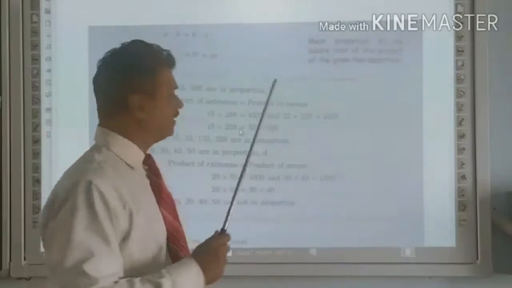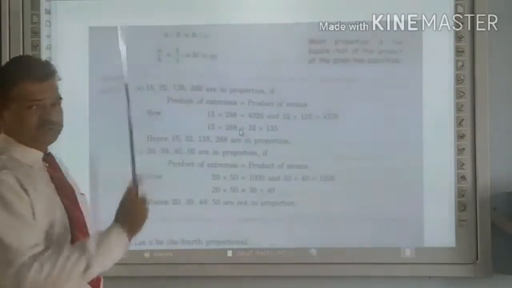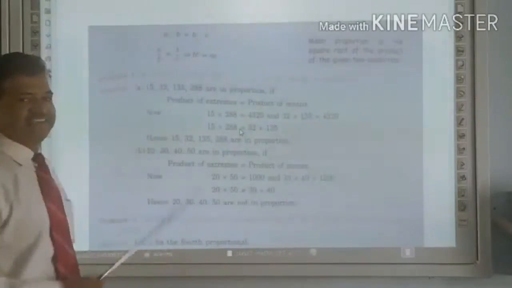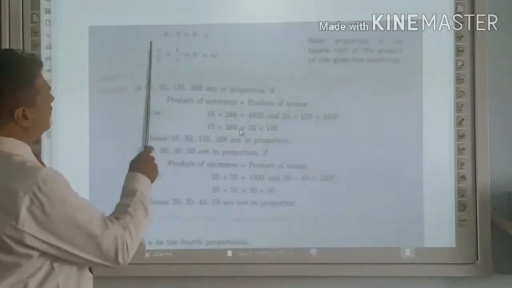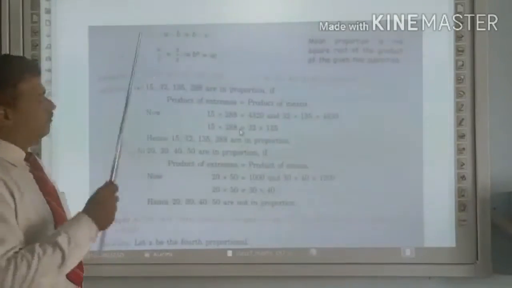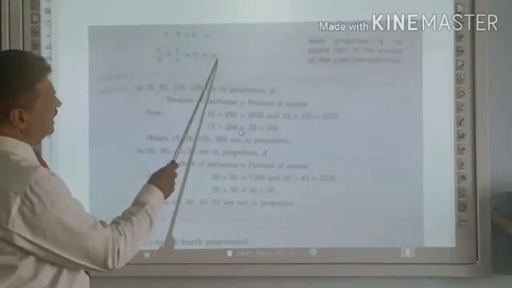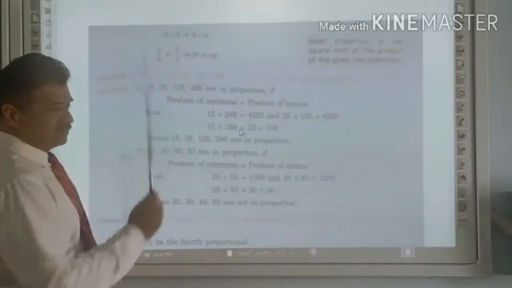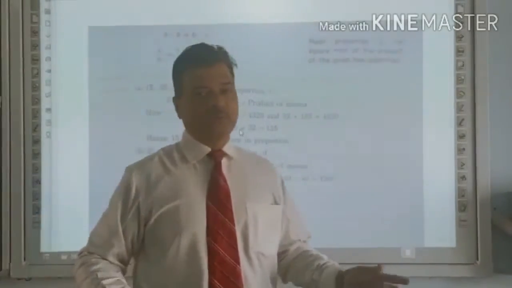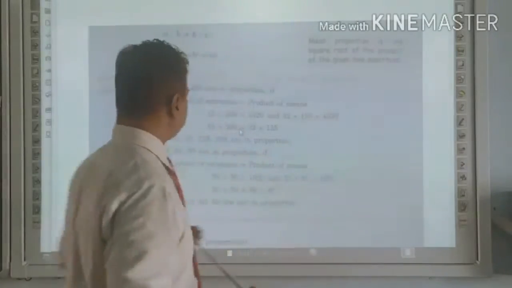Because A ratio B is equal to B ratio C, and when we arrange in fraction form, A upon B is equal to B upon C. When we cross multiply A with C, we get AC, and B with B, we get B square. In continued proportion, B square will be equal to AC.